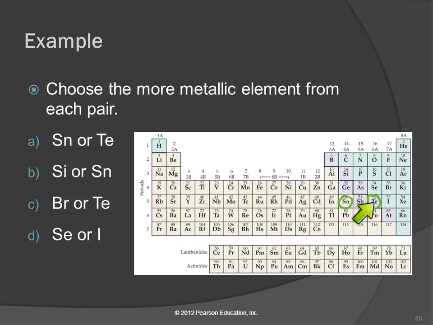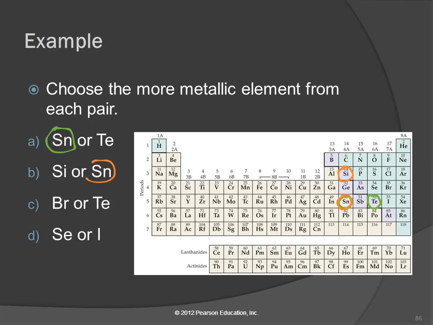So that's going to be less metallic than tin, which is in the metals. So the more metallic would be the tin. How about comparing tin and silicon? Here's silicon. I'm sorry, that's tin and silicon. Whatever. Tin's more metallic.